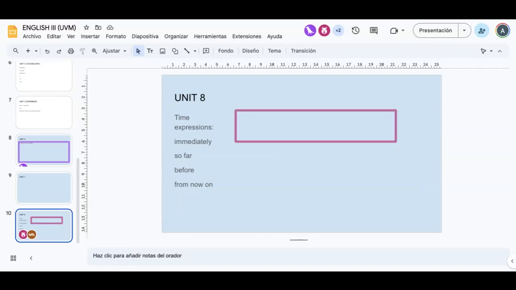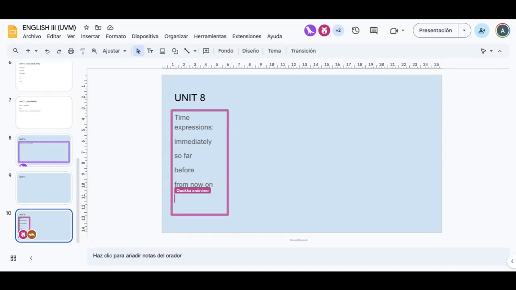Time expressions: immediately, so far, before, from now on. Okay. Present perfect and present perfect continuous. In this case, the most important grammatical issue.